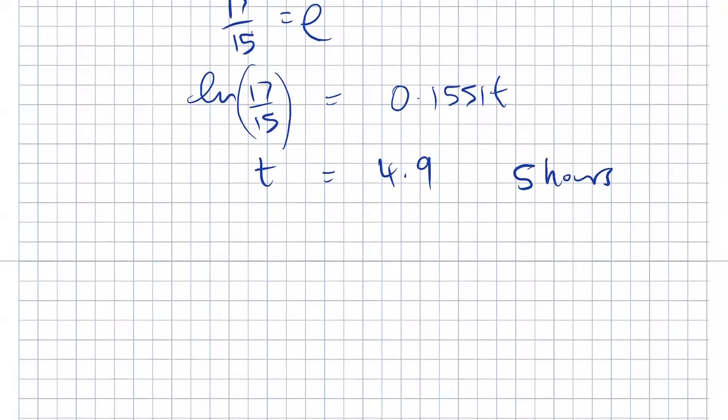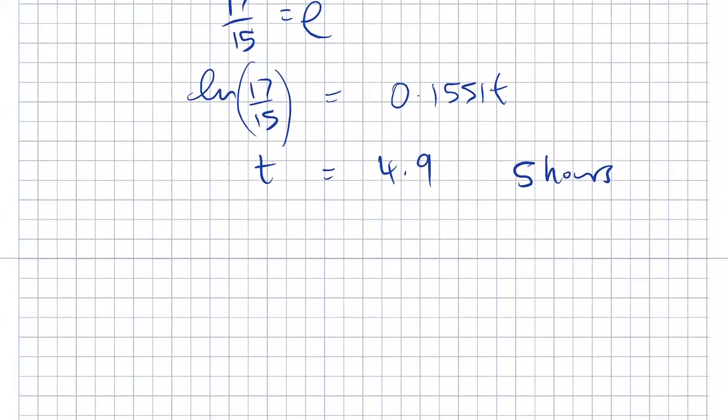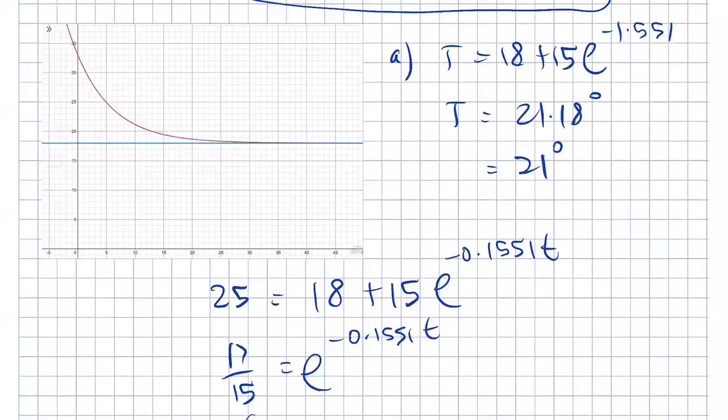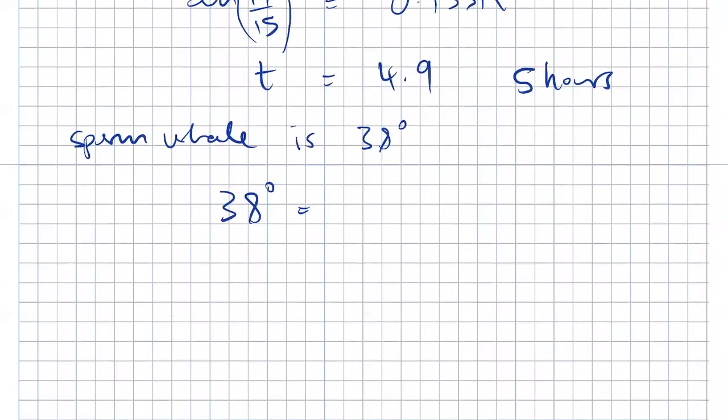Now, to know that, we need to know that the normal body temperature of a sperm whale is 38 degrees. And so what we're doing is we're working out what time it was when the body was 38 degrees. So we said 38 degrees is equal to, where's our equation again? 18 plus 15 e to the negative 0.1551t. And again, we're working out t.